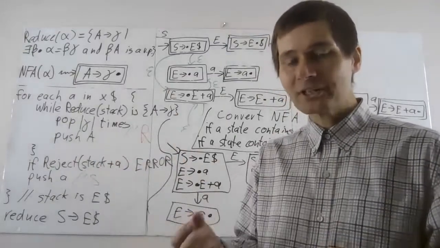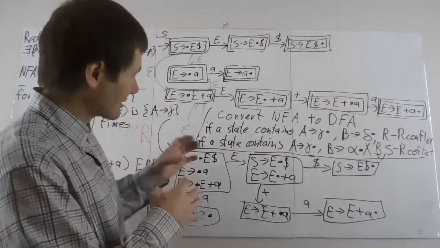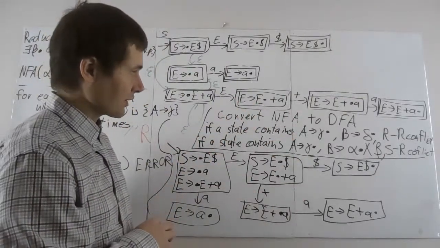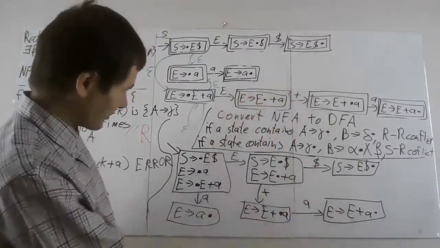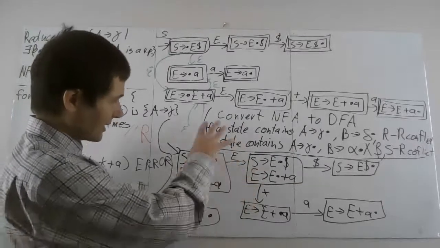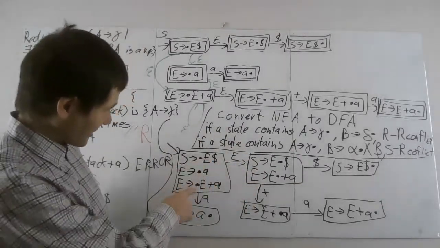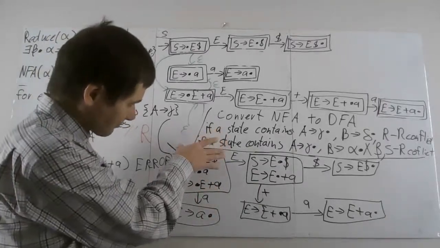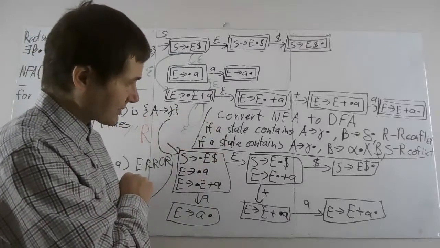The implementation that I give you, when it sees a conflict, tells you about the DFA state where the conflict appeared. It will output all the NFA states in that DFA state.